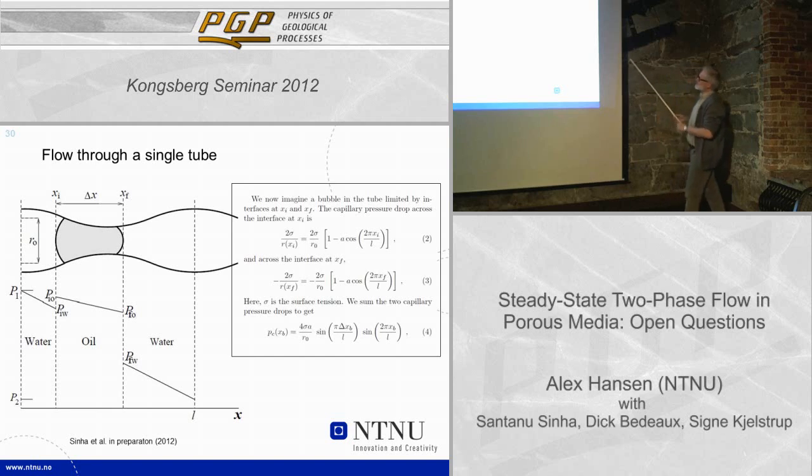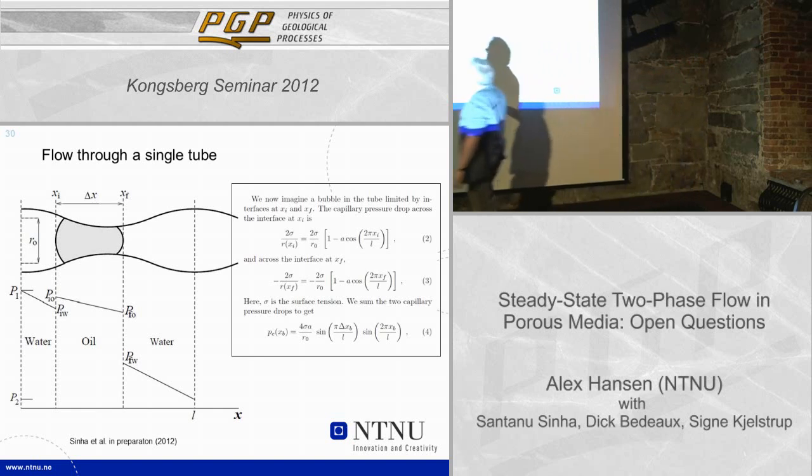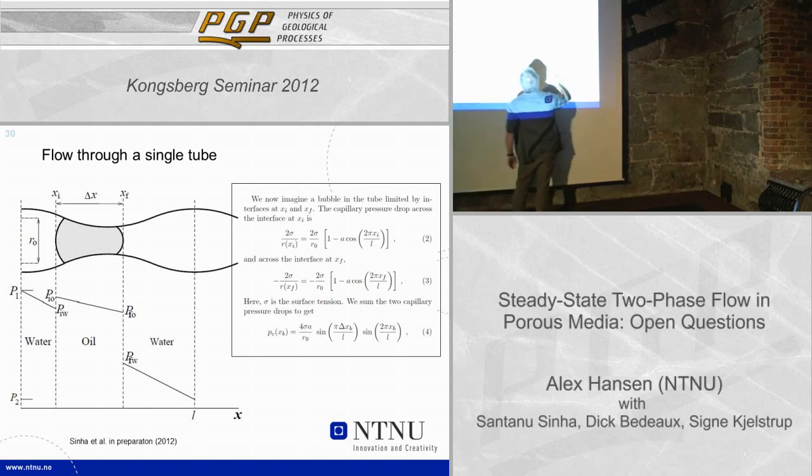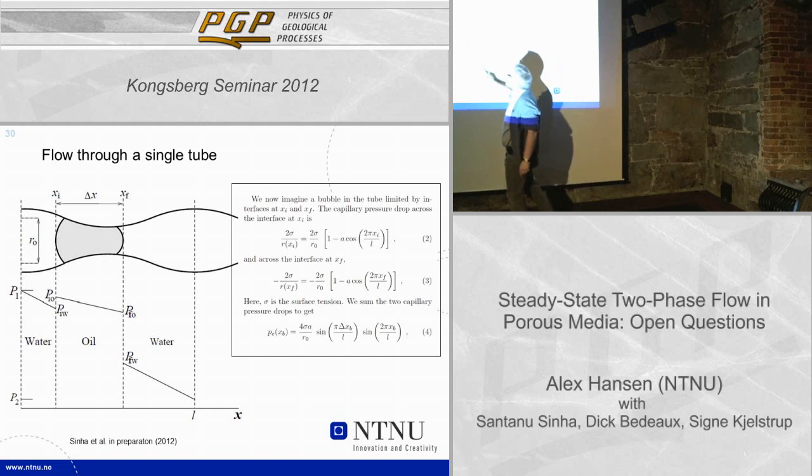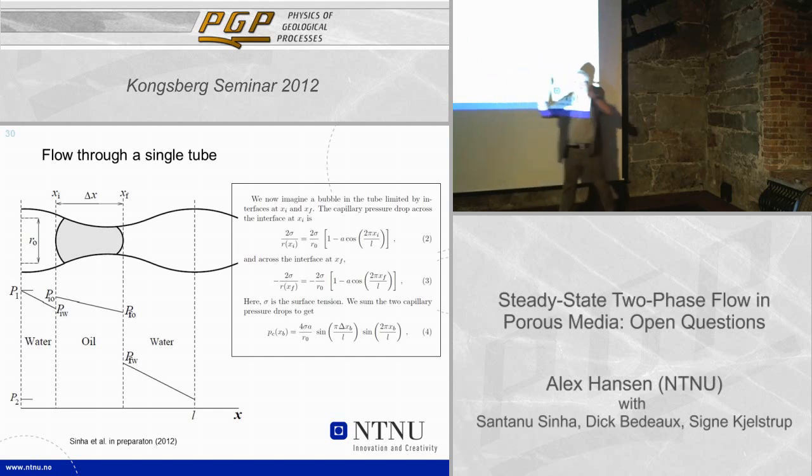Anyway, so let's just start, and I apologize, I have to show a few equations here. Here's the flow of a single tube. So imagine now a tube that looks like this, and it just goes on and on. And here's a bubble. You have surface tension, and they will point in opposite directions, but they will not be balanced unless that bubble sits exactly symmetric about this constriction.